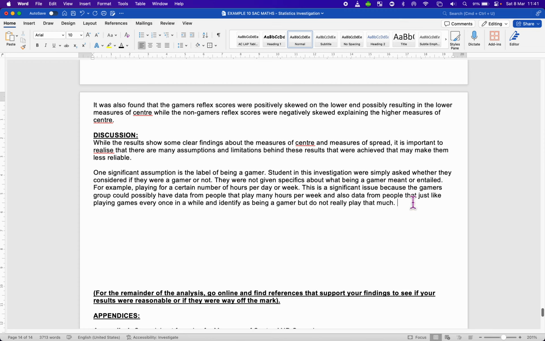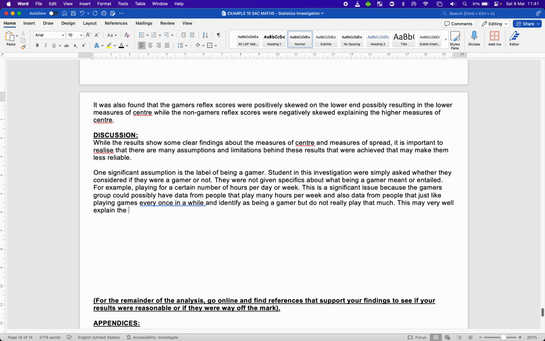Alright, so that's an impact of it. We have a massive range of people because they consider themselves gamers and it's not very specific. This may very well explain the large range in reflex scores for the gamers group.